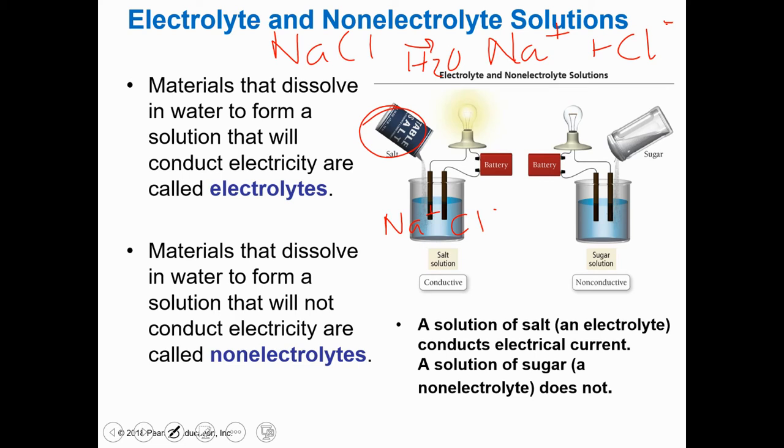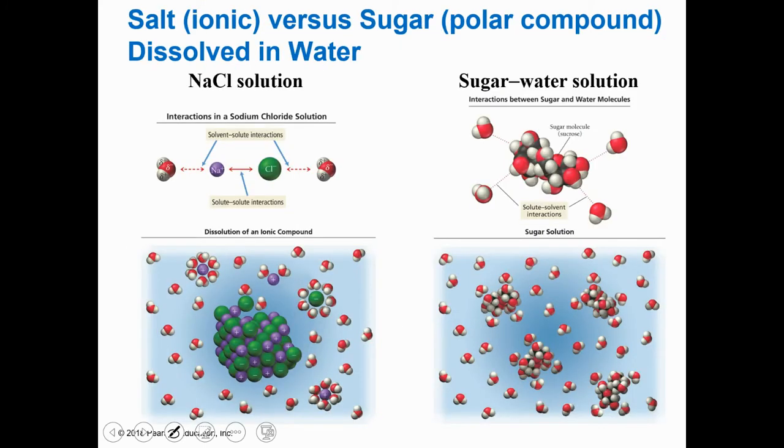There are certain things that when they dissolve in water, like sugar, don't break up into ions. We call those non-electrolytes. And what happens is if I have a sugar molecule that looks like this, it's going to look like this in here. Although it's dissolved, it hasn't broken up into ions, and therefore it cannot conduct electricity. And here's just a picture of that. Here's a sugar molecule.